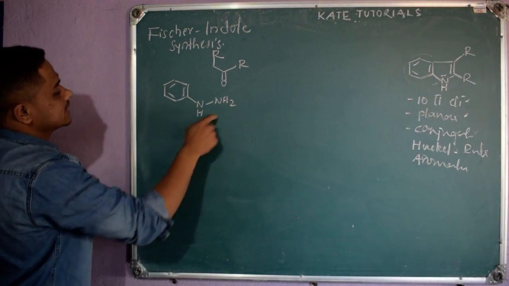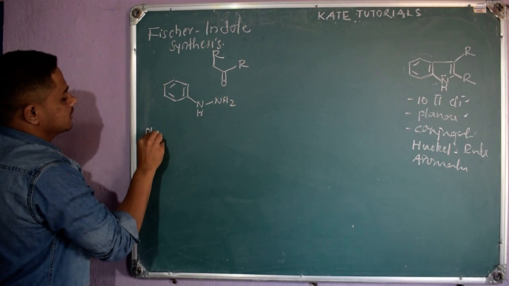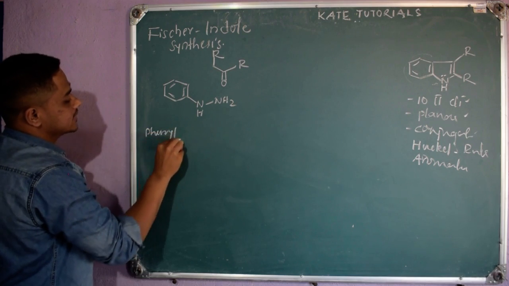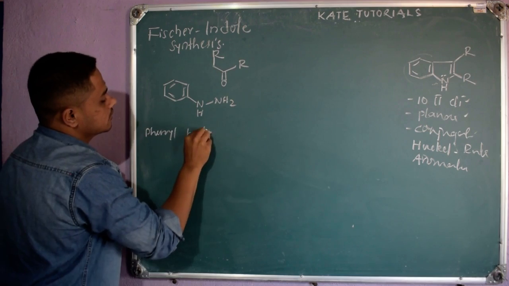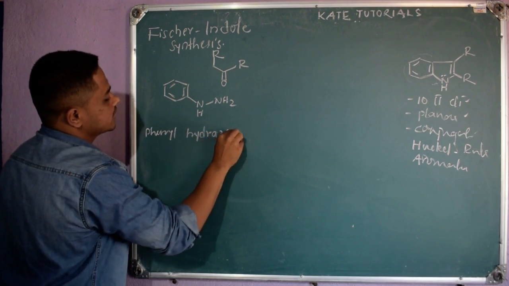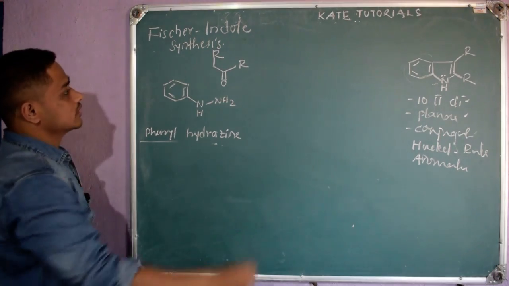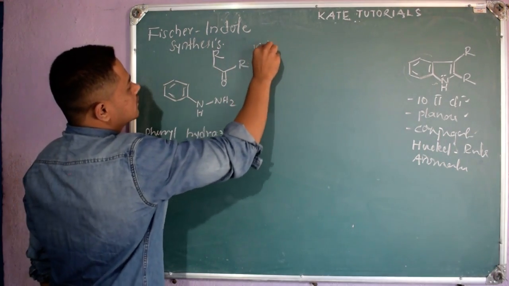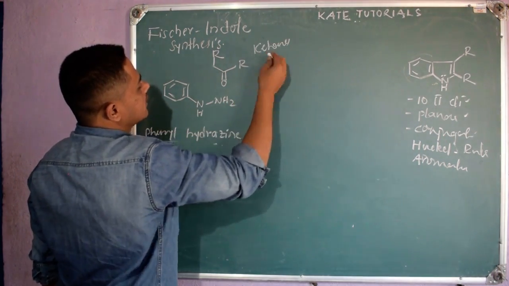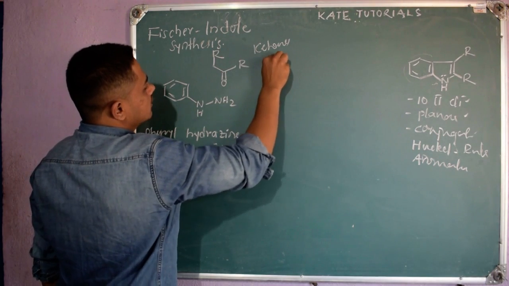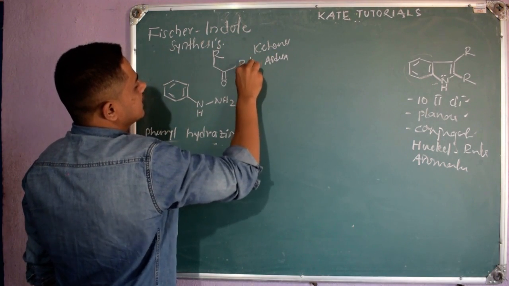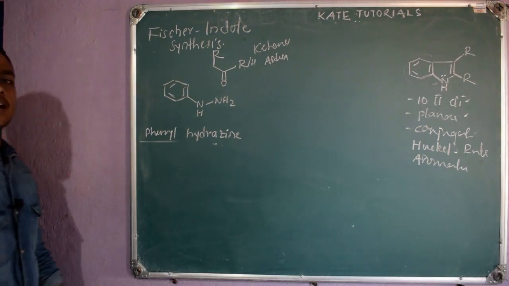So what is this? This is nothing but phenyl hydrazine, right? So he started with phenylhydrazine and he took ketones like this. Not only ketones, he can also take aldehydes. Here R, if it is H, then it is an aldehyde.